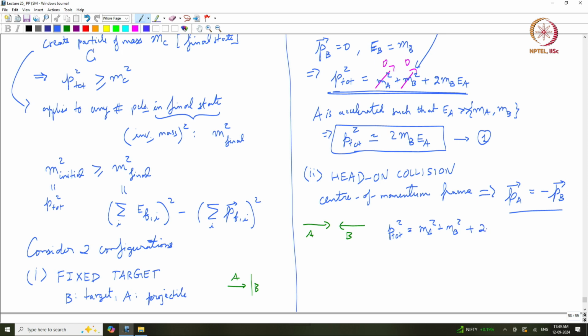Now, I have two EA, EB, I can do nothing about that, that is in my hands. Remember, this is not center of energy, center of momentum only. Okay, EA and EB can still be fixed by you separately, they could be different. Okay. And this quantity, I am just going to call it the center of momentum, okay, PCM basically. What is that? PCM is nothing but either PA or PB, the absolute value of that.